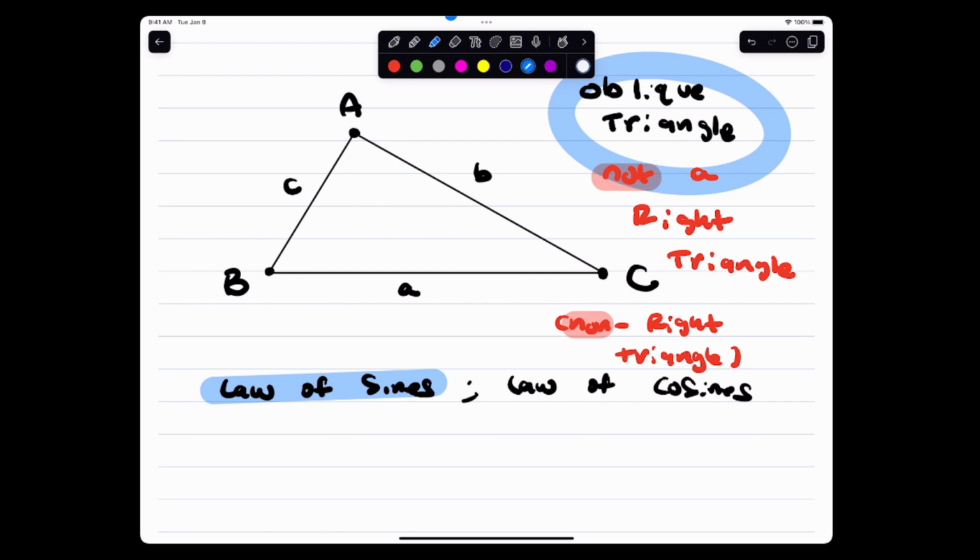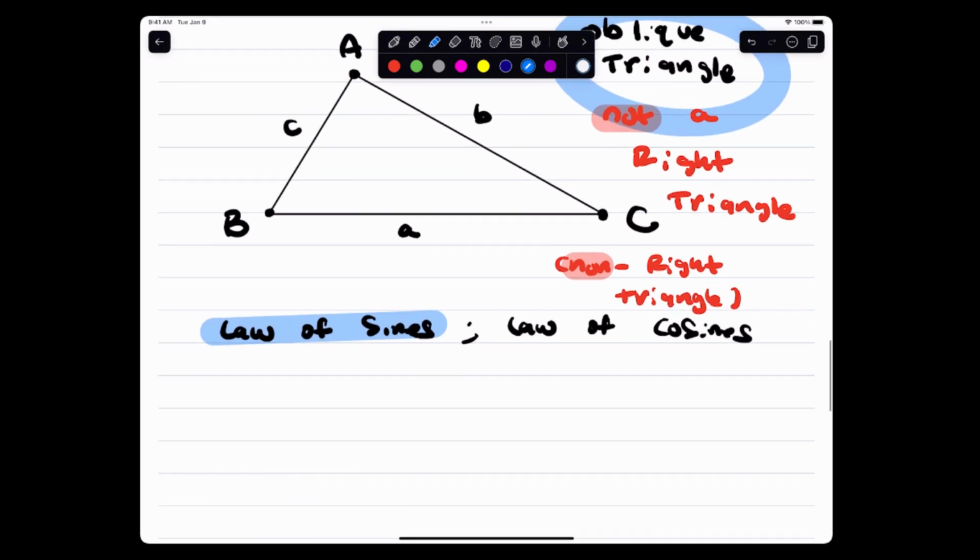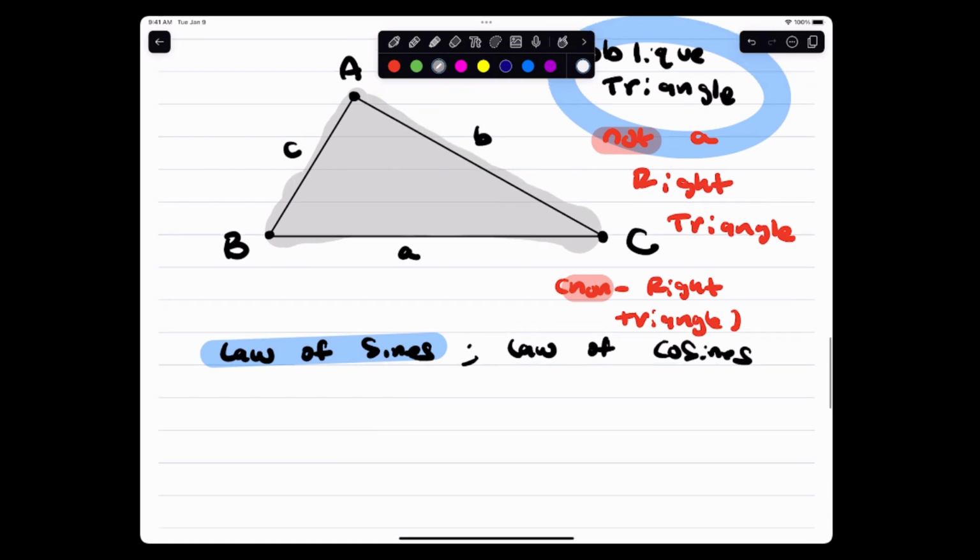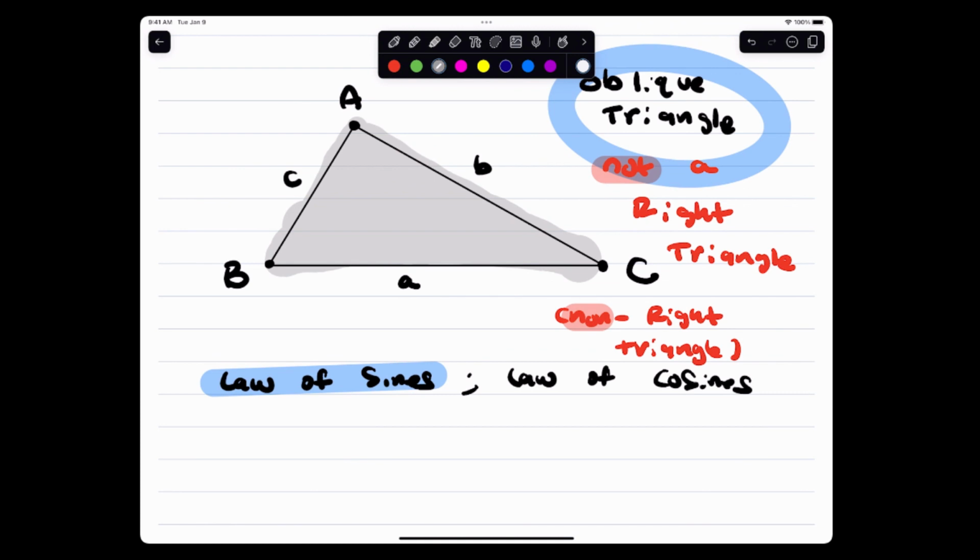However, I'm going to write some of this stuff down here. If you guys remember yesterday, right? So let's color it. Let's use gray. Yesterday, what did we learn? Didn't we learn an area formula for any triangle? Right? So you're going to think of these vertices. You might say, what are the vertices?